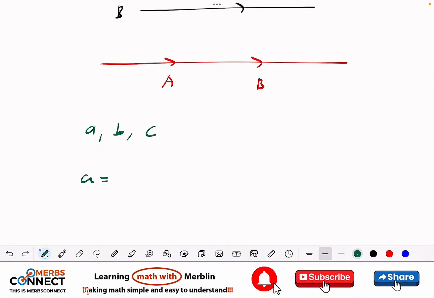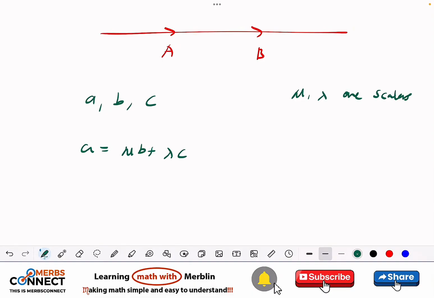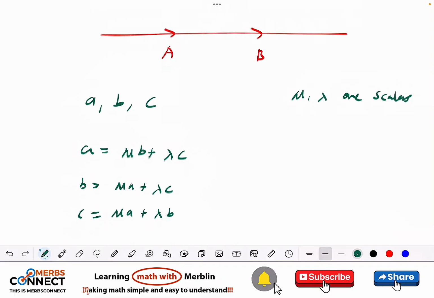When you say a linear combination, we can add them using scalars. So let's assume that mu and lambda are scalars. Then I can write A as mu B plus lambda C. I can also write B as mu A plus lambda C. And I can also write C as mu A plus lambda B.